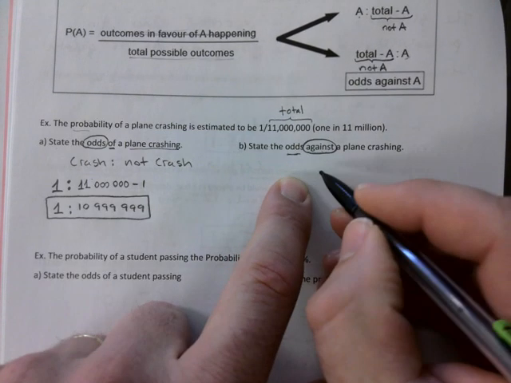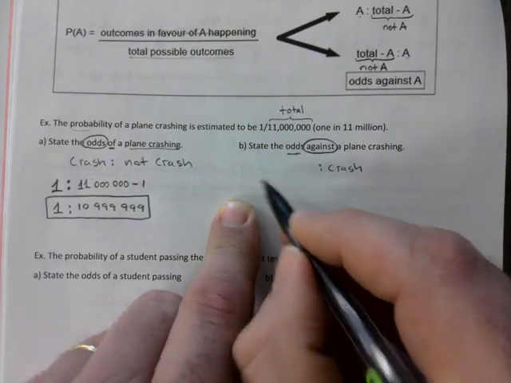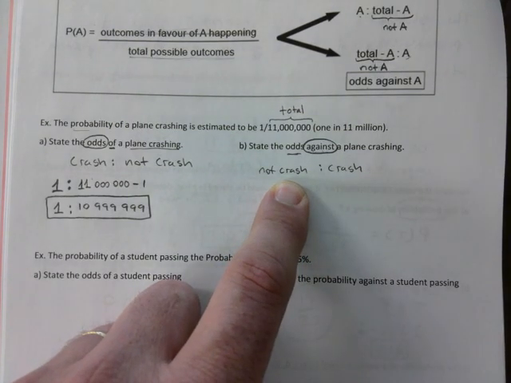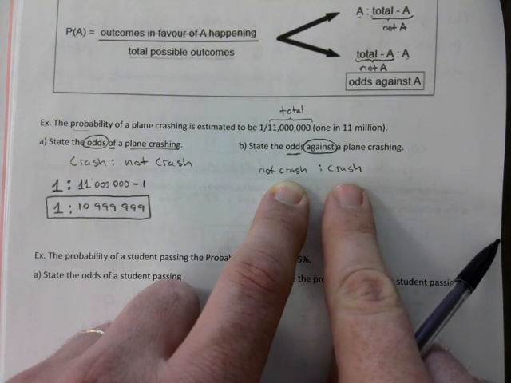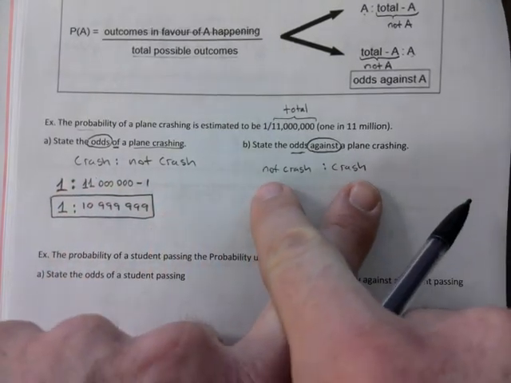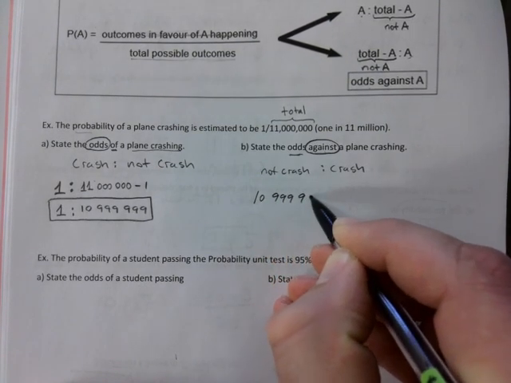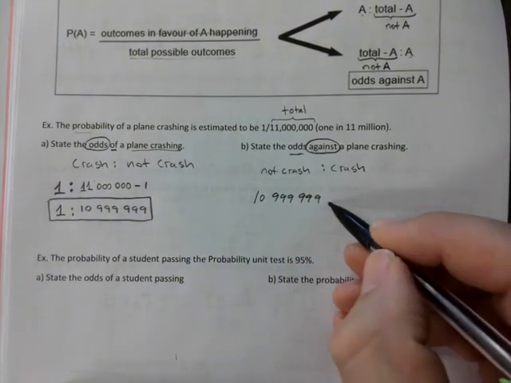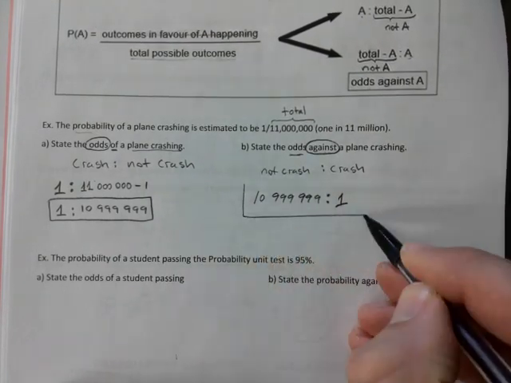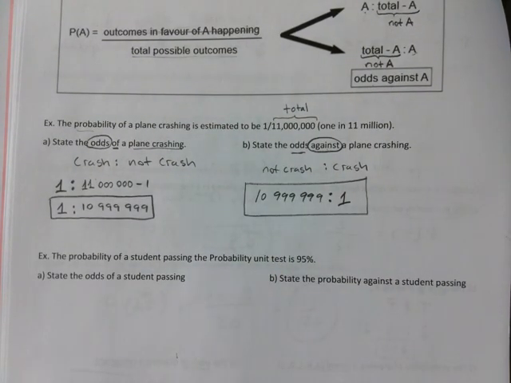That means that the event we're against, not crashing, goes on the left side. We're basically going to take the previous one and flip it. So you go 10 million followed by 6 nines, and there's the 1 on the other side. That would be the odds against a plane crash.